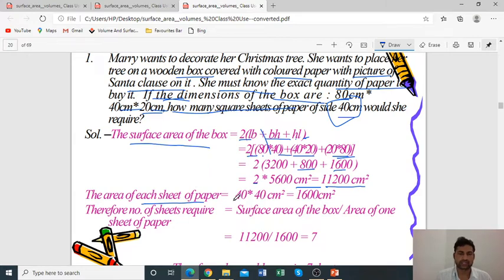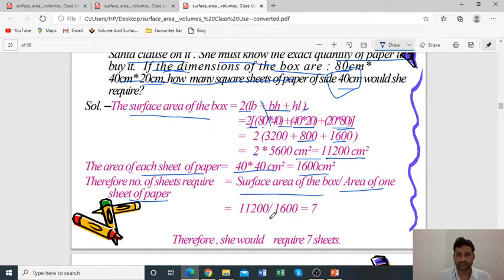The area of a square is side times side, so 40 times 40 square centimeters. So the area of each sheet of paper is 1600 square centimeters. Therefore, the number of sheets required is the total surface area of the box divided by the area of one sheet of paper. 11,200 square centimeters divided by 1600 square centimeters.